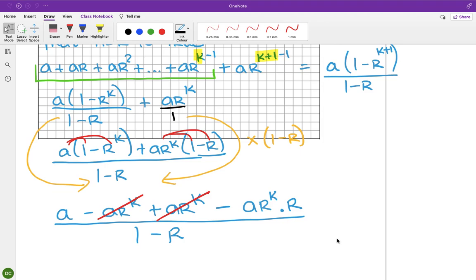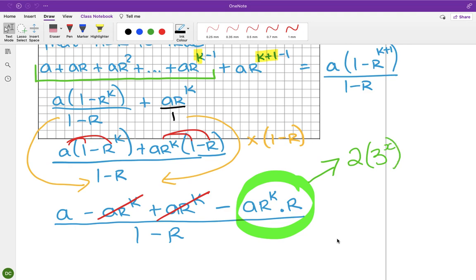Sorry, I don't think I need it because I'm just going to take it out, but I'm going to talk to you about this bit for a second. I'm not really sure what to do with this if I had to continue with it because of the a. So it's just a nice problem solving technique if you can put numbers in and then see if it makes sense. Do you know what I mean? So if I had like 2 by, I don't know, 3 to the power of x by 3, or even actually if I make this a power, so it's 3 to the power of 4 by 3.